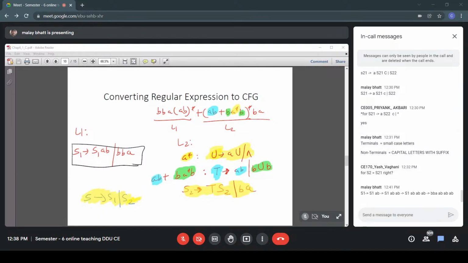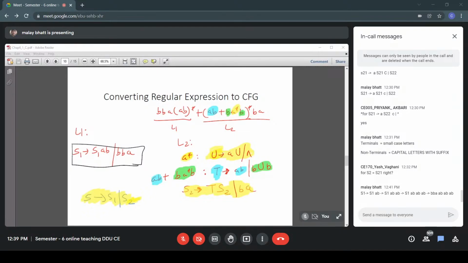For S2 we'll write TS2. Again for S2 we'll write TS2. So you can see that we are repeating the (AB plus (BA) star B) whole star with this non-terminal T.